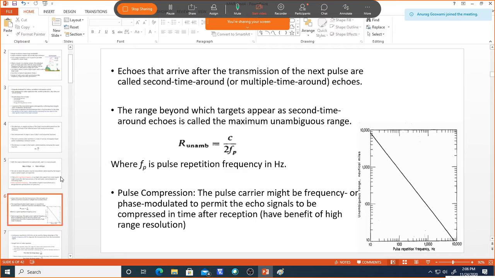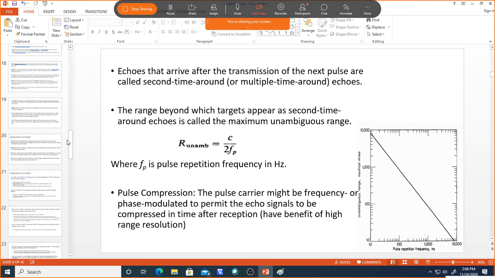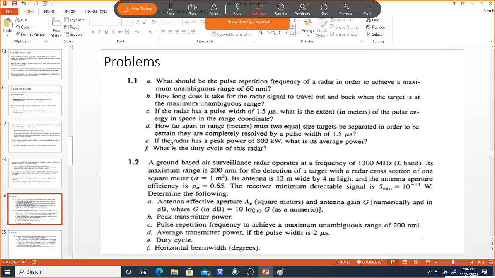So what is the problem which is given? What should be the pulse repetition frequency?